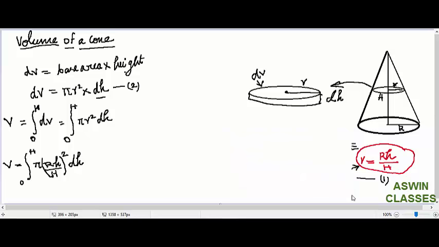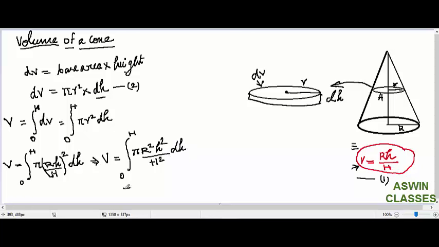On expanding this equation, this implies V is equal to integral 0 to h pi, squaring all the terms, you will get R square h square by H square dh.